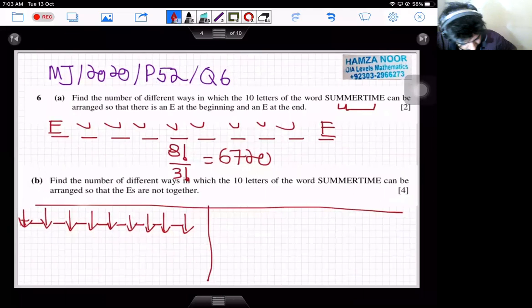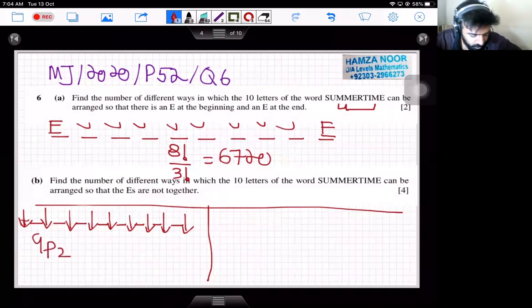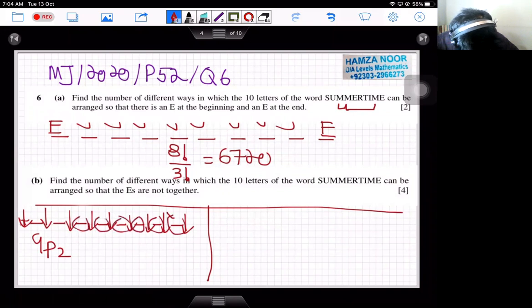Okay. So what happens next is that how many possible positions for E's? 1, 2, 3, 4, 5, 6, 7, 8, and 9. How many E's do you have? 2, 9p2. How many spaces can you fill? 1, 2, 3, 4, 5, 6, 7, 8. Multiply by 8 factorial.